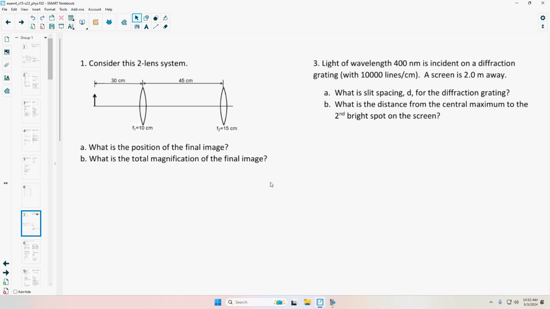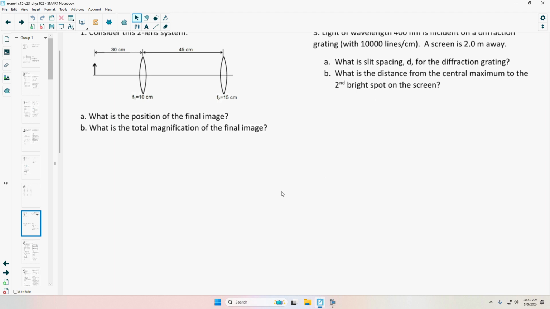First of all, you're going to have a 2-lens system. I just copied these. I created different figures and different numbers. But you do this like a 2-part problem where I have P1 is equal to 30, F1 is equal to 10. I get that from here, and then I calculate Q1.